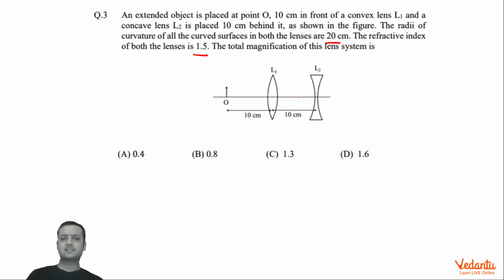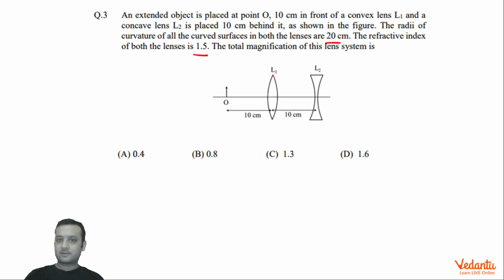Okay. So basically, the first thing we calculate is the focal length of both the lenses. Now it's a standard data that if equiconvex or equiconcave lenses are kept in air, they have both the radii of curvature same. That means R1, R2 same. And if their refractive index is 1.5, then f and R are same in magnitude.